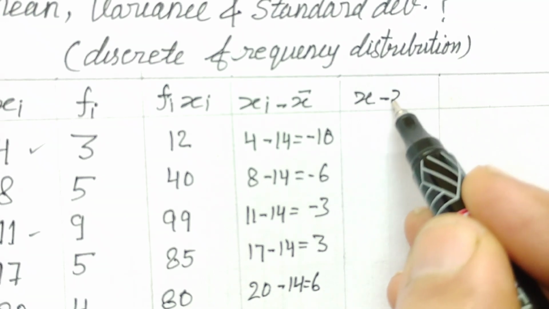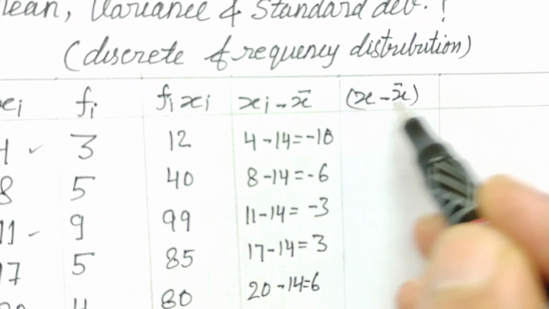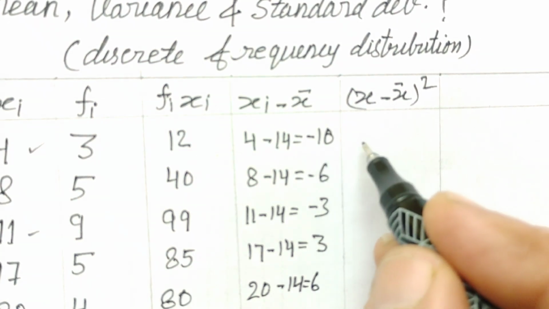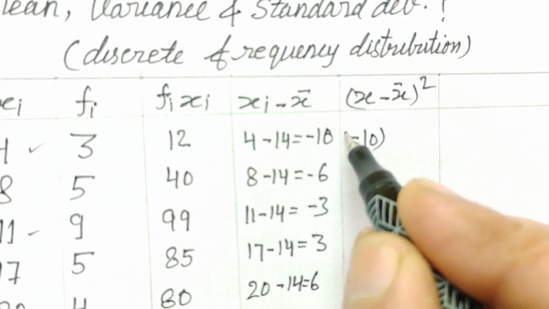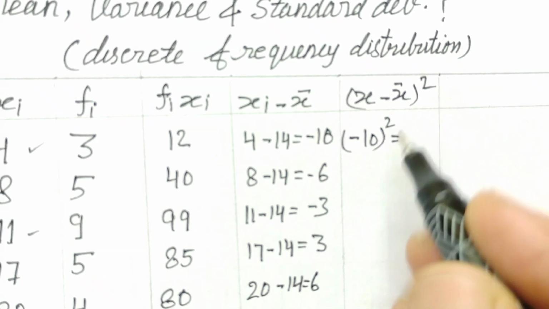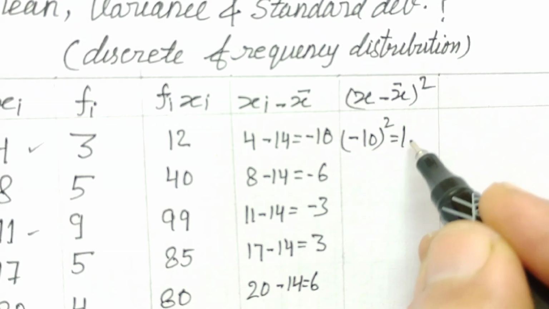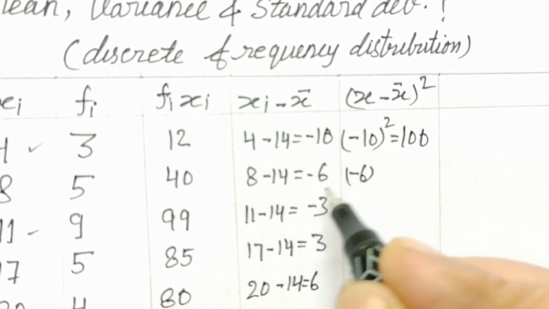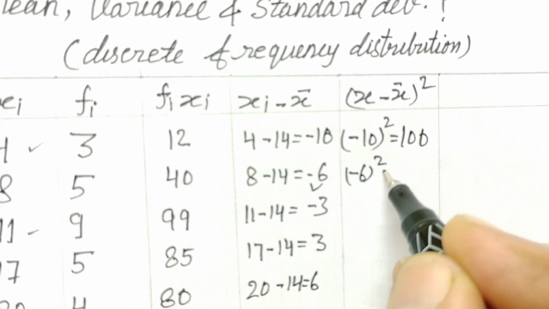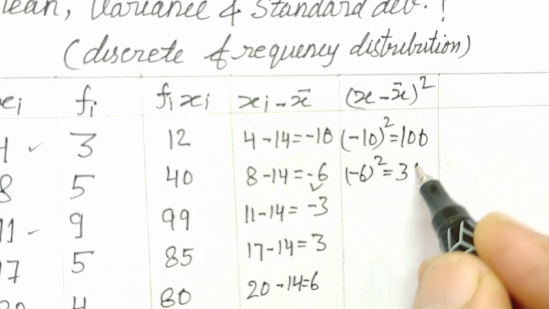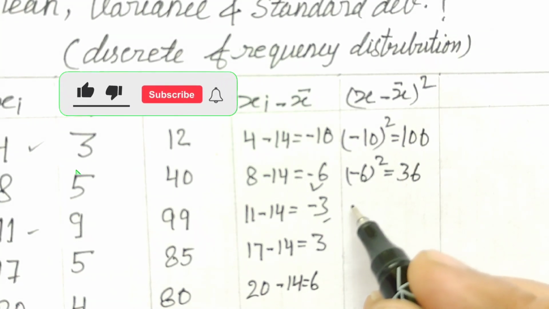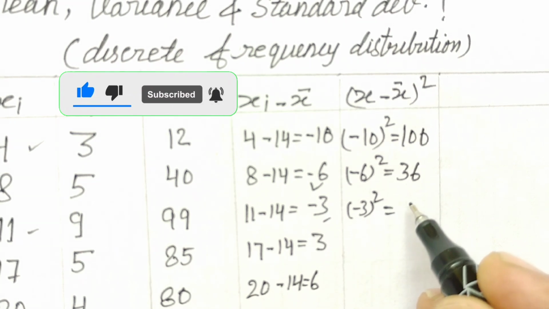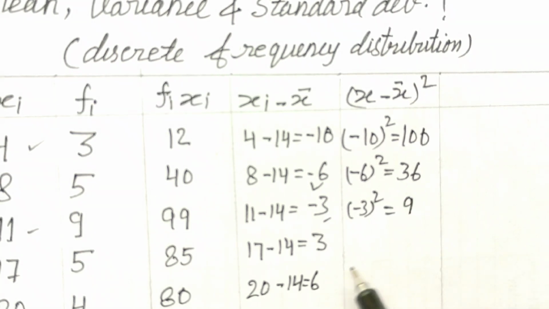xi minus x bar whole square. So minus 10 square is equal to 100. Minus 6 square is equal to 36. Then minus 3 square is equal to 9.